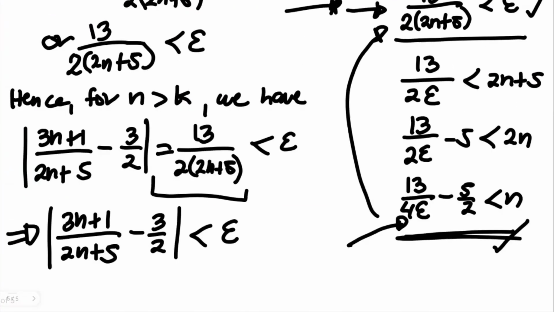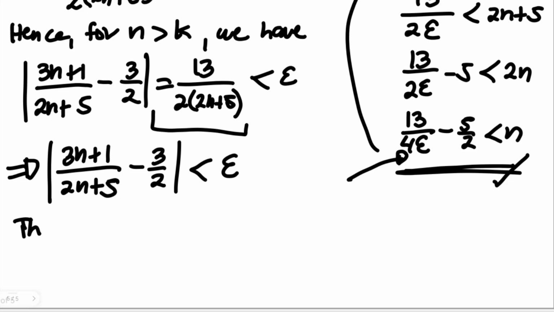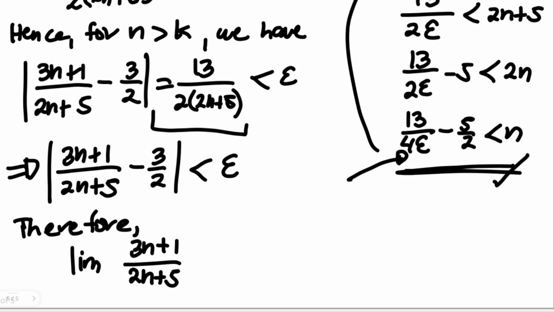With that, we can now claim that the limit of the sequence 3n plus 1 over 2n plus 5, as n approaches infinity, converges and is equal to 3 halves. This is the end of the proof. We were able to establish that because we reached this expression here.